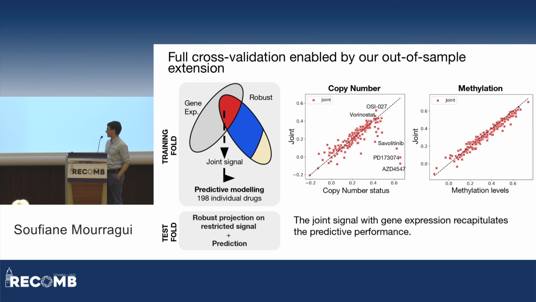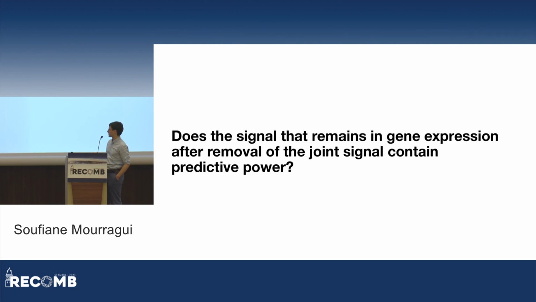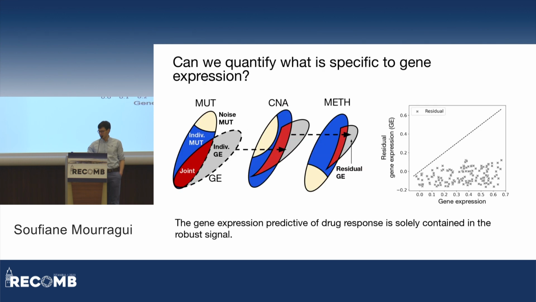This yielded the joint and the individual gene expression, and we took this individual gene expression to pass it through copy number. So we only pass in copy number the gene expression signal that is not in mutation. The signal that is not in copy number either is passed to methylation, and then we get a residual gene expression which we can interrogate for predictive power. That's the predictive power we get here. Removing all of the signal that is in mutation, copy number, and methylation completely deprives gene expression of any predictive power.